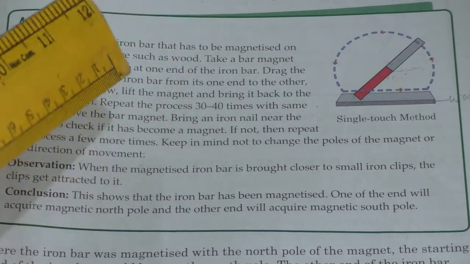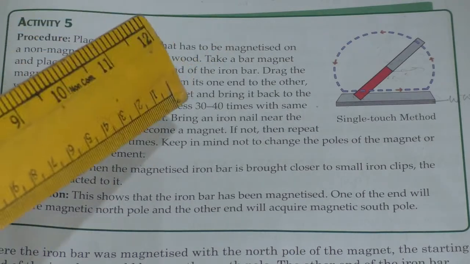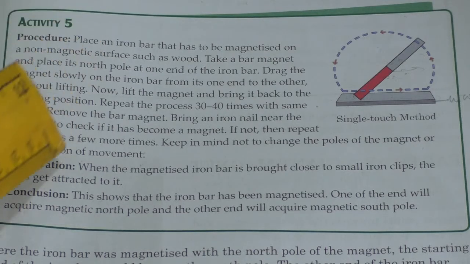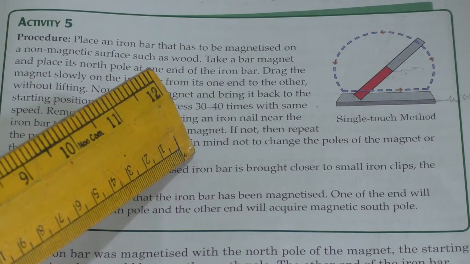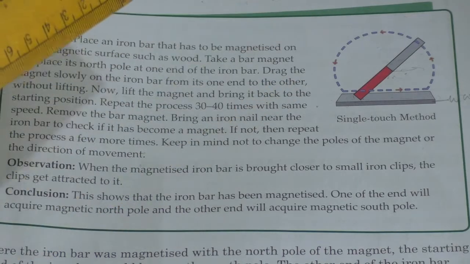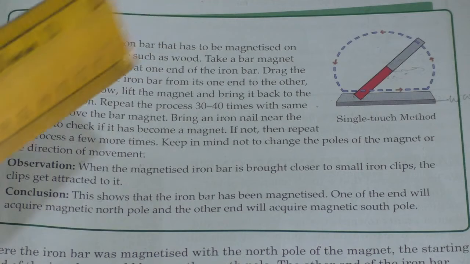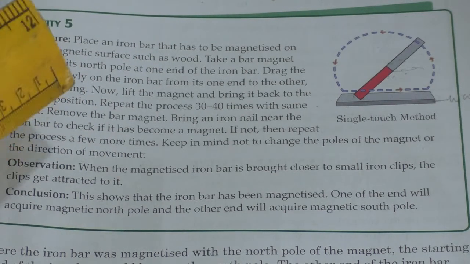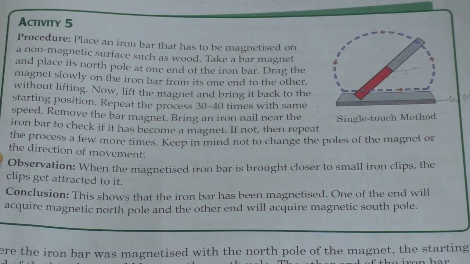Then bring an iron nail near it and check whether it has become a magnet. If it is not getting attracted, then repeat the process a few more times. Clear? So, this is the single touch method.